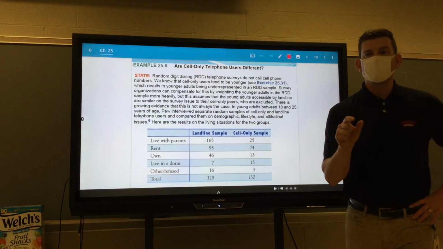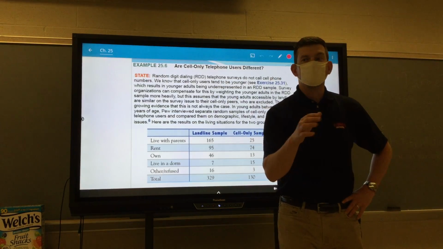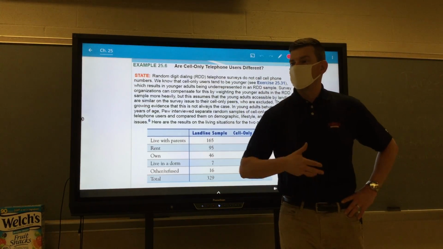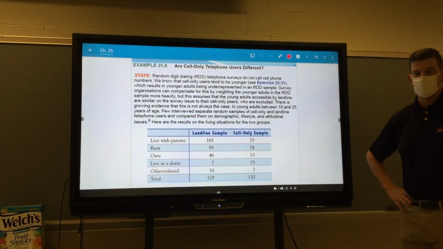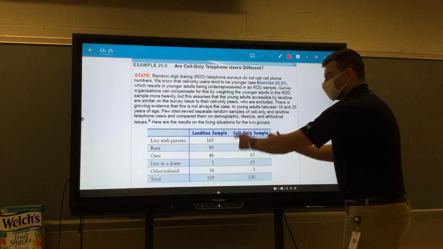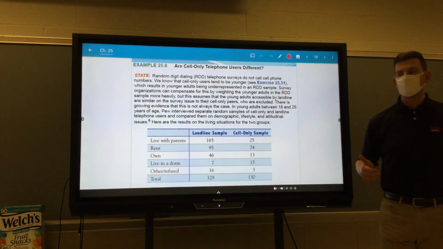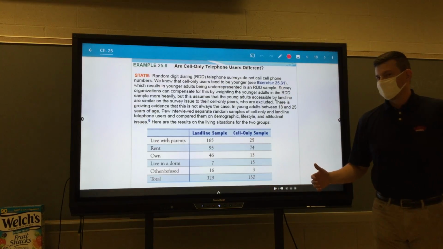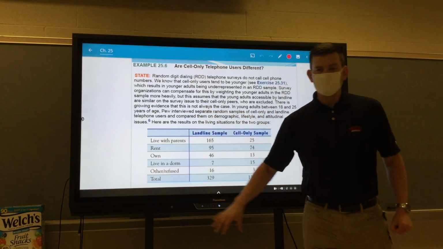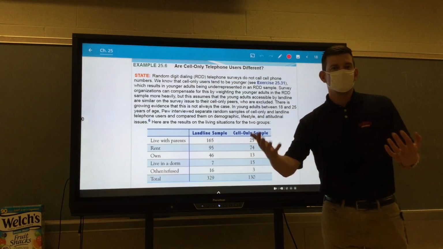However, are those landline young adults the same in their attributes as those that they would see in the cell phone sample? You see this formulating here. We have two distinct populations. We have the cell phone only young adults, and we have the landline using young adults.